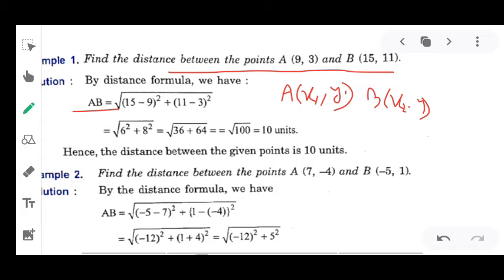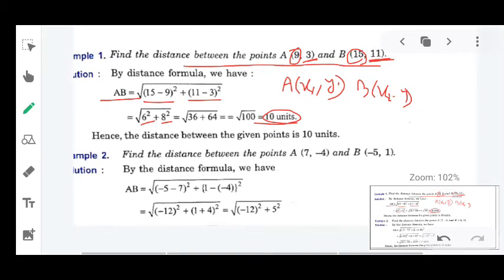So the formula is x2 minus x1, x2 is 15 here and x1 is 9, so (15 minus 9) whole square plus y2 minus y1, y2 is 11 and y1 is 3, so (11 minus 3) whole square. So 15 minus 9 is 6 square and this is 8 square. So 36 plus 64, root over of 36 plus 64, that is 100. So root over of 100 is 10 units.